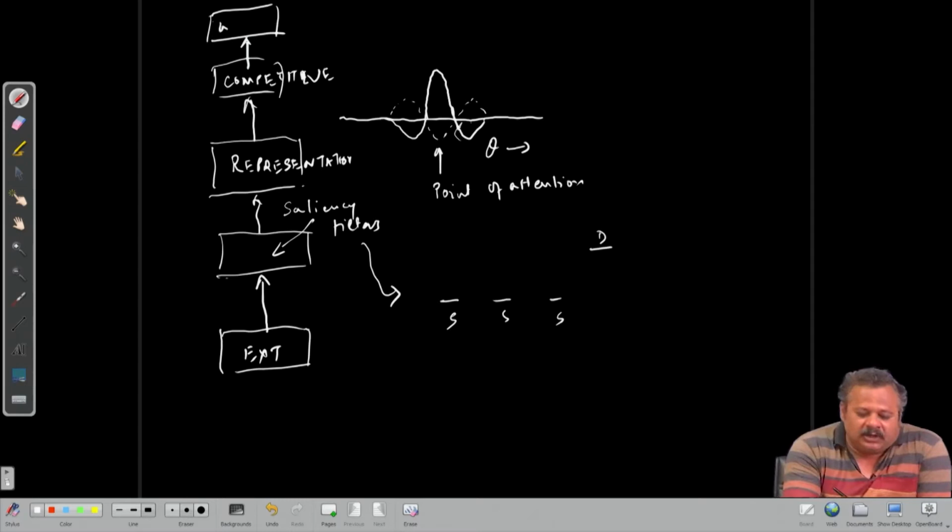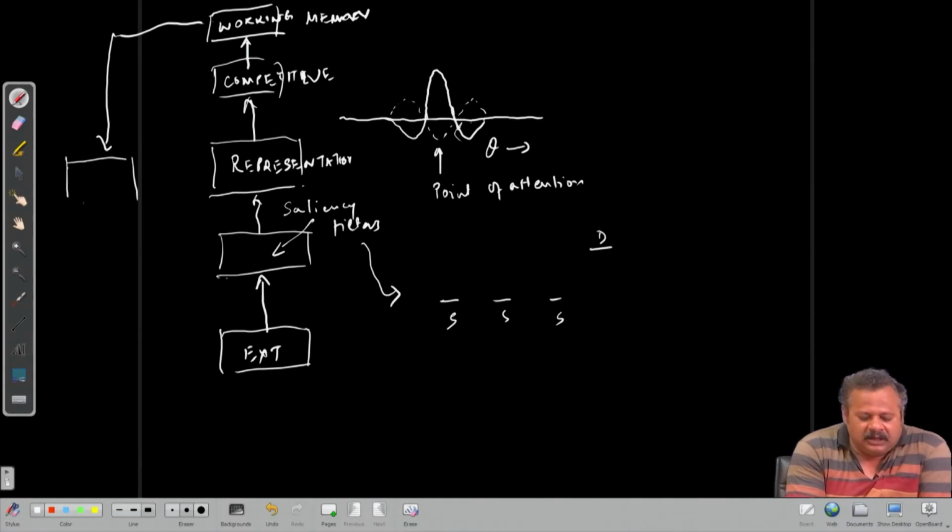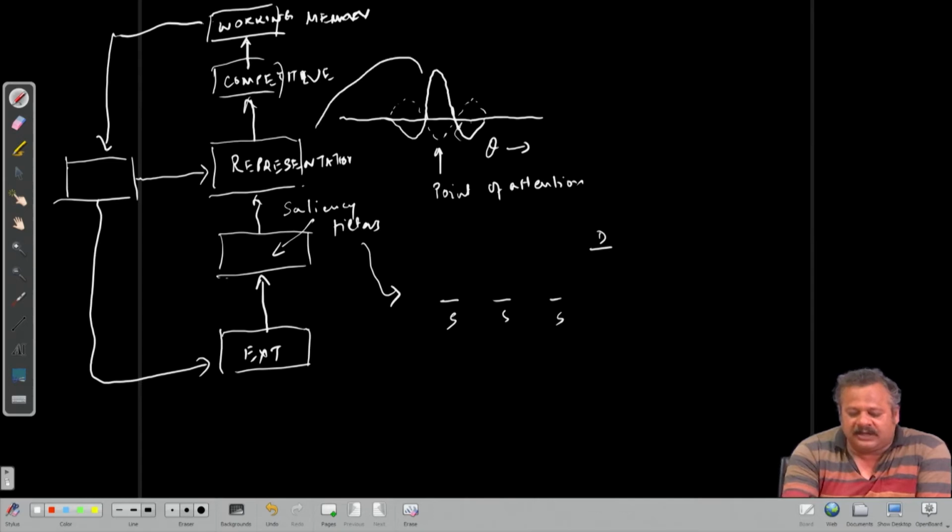So, this is what our working memory is, and this then goes and modulates some motor output, which can interact with the external world, can change the representation, for example, cause this enhancement, and also modify the competitive selection process based on the requirement.